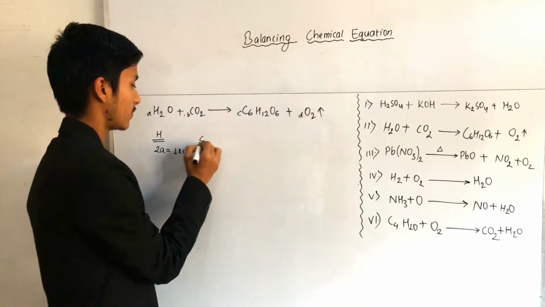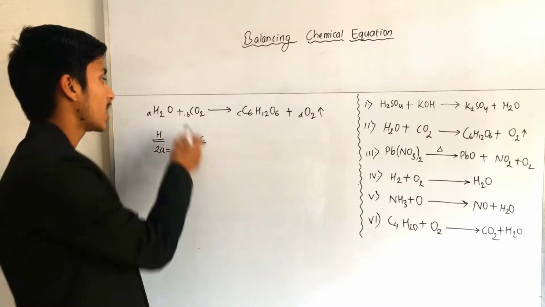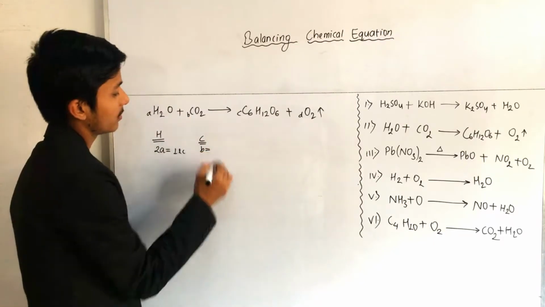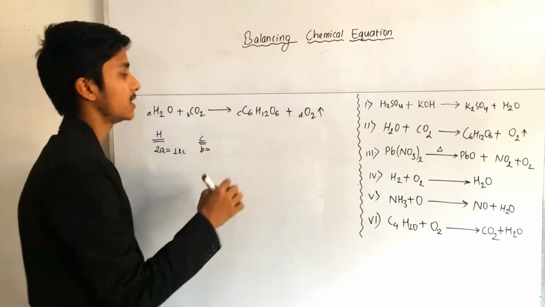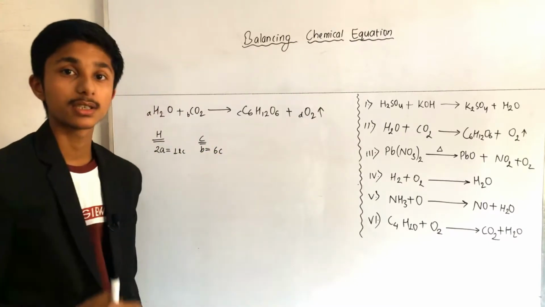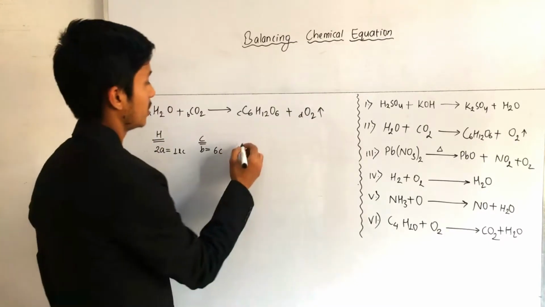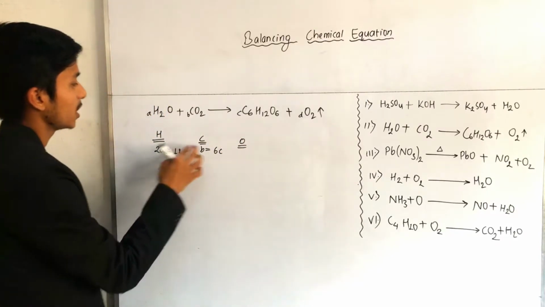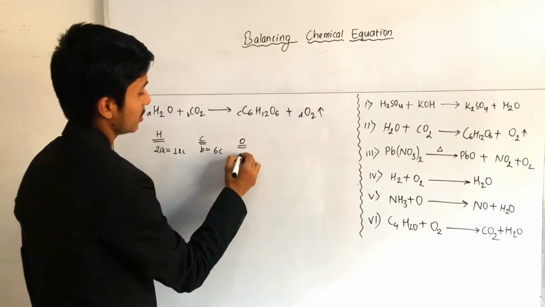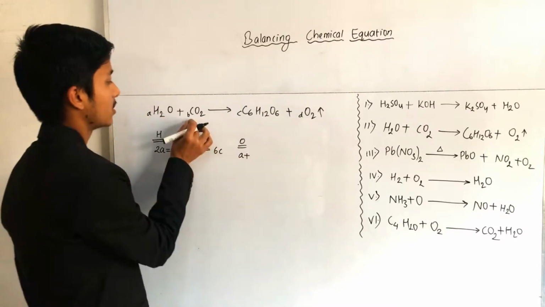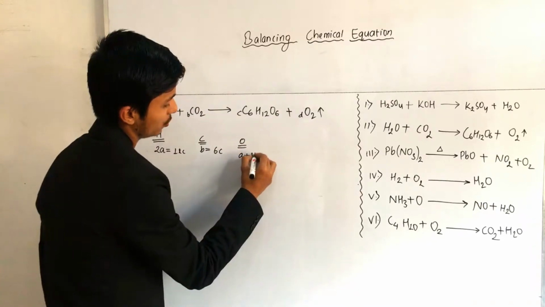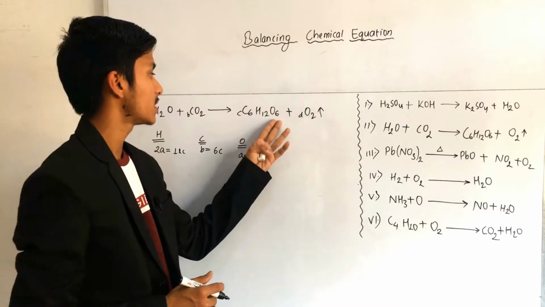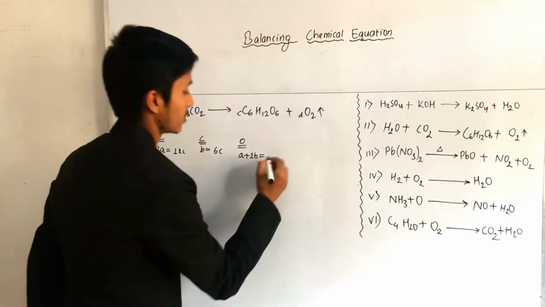Now for carbon, how many carbon atoms are here? We have B carbon atoms, and this side we have 6C carbon atoms. Similarly for oxygen, here we have A oxygen plus 2B is equal to, and this side we have 6C plus 2D.